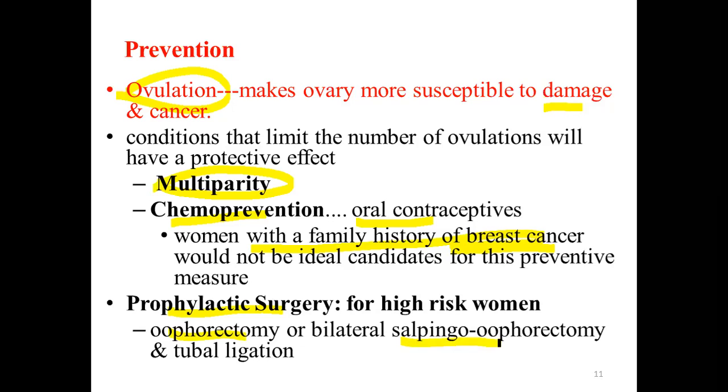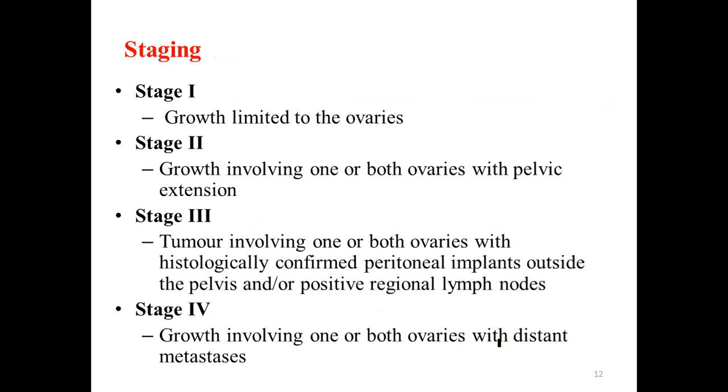So like that you prevent ovulation. So those are some of the circumstances that can be considered to prevent ovarian cancer. If you see the whole aspect of prevention modalities, all of them are normally preventing what? Ovulation.